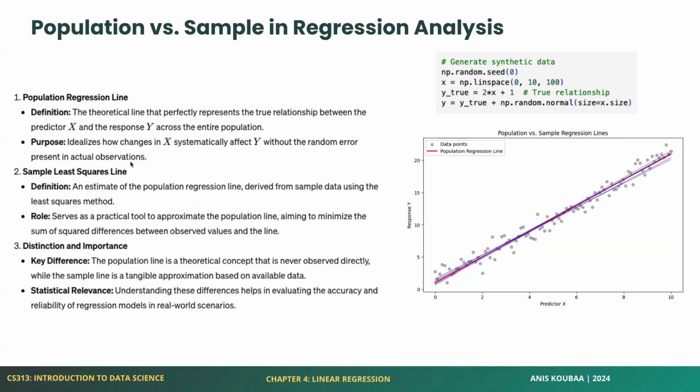We're going to make an estimation of the population regression line, and it serves as a practical tool to approximate the population line, aiming to minimize the sum of the squared differences, or sum of the squared errors, between the observed values and the line.